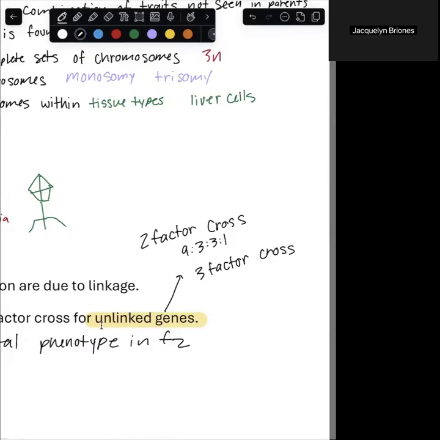And for a three-factor cross, we would expect an equal frequency for each phenotype. That's our null expectation: equal frequency for each phenotype.